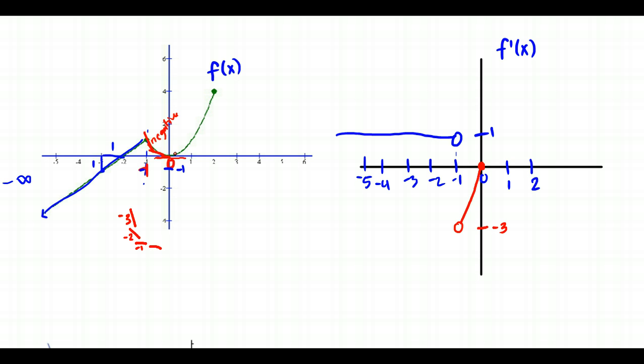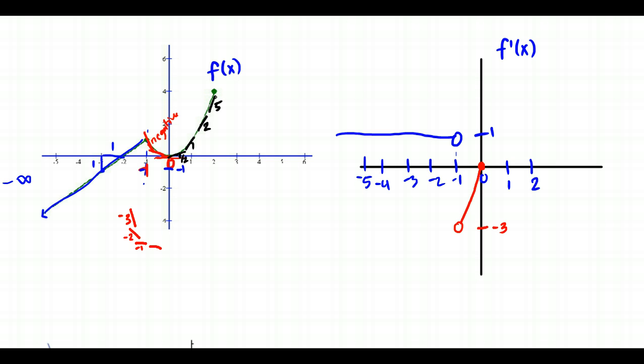And then picking up at 0 again, up to 2, if we analyze what's happening to the slope, let's try a different color. Let's try black. Right after 0, I'm going to have a not so steep slope. And as I continue to move closer to 2, the slopes are getting bigger and bigger. So this slope might have been, let's say, 1/2, and then 1, and then 2, and then 5.